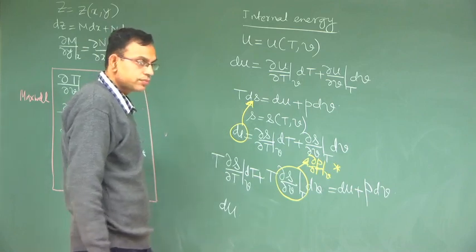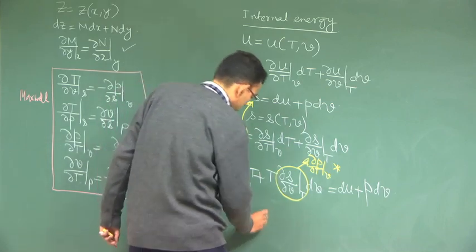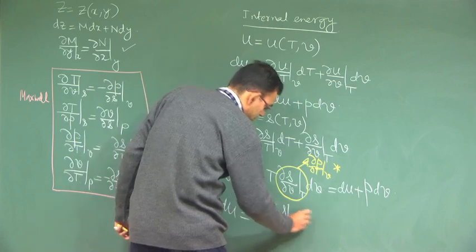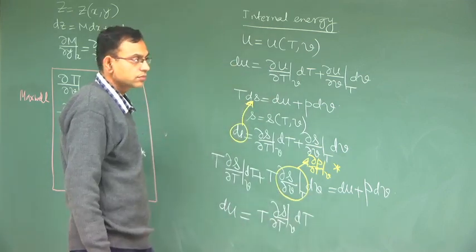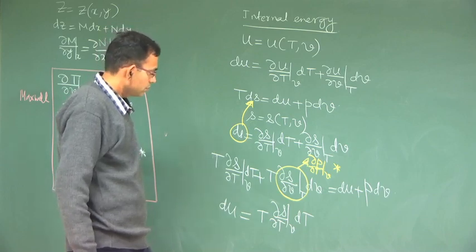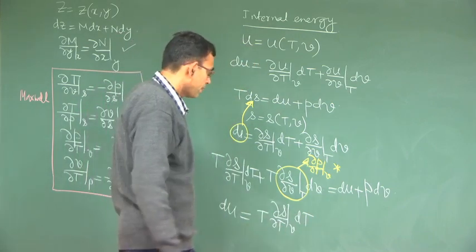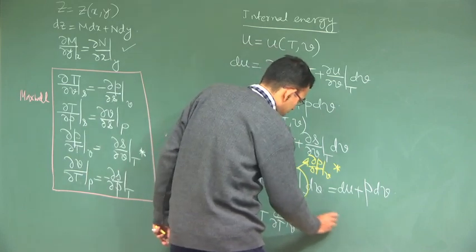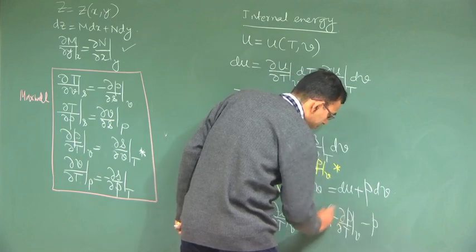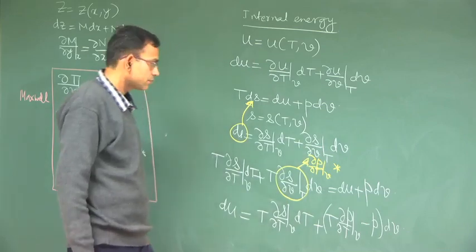So, dU is equal to T del S del T at constant V dT plus T del P del T at constant V minus P dV, right.